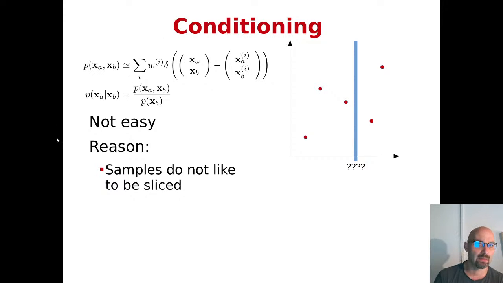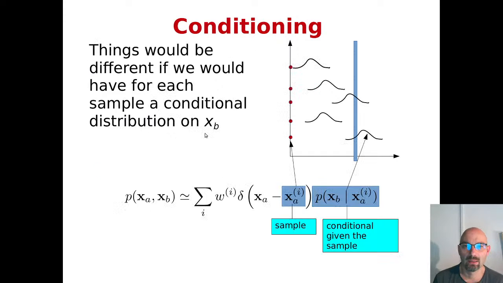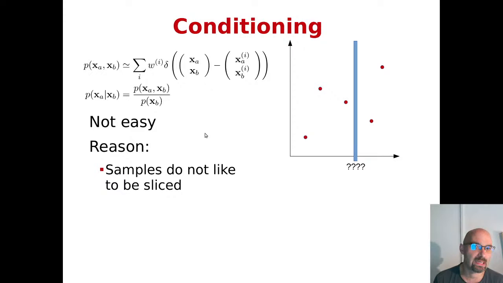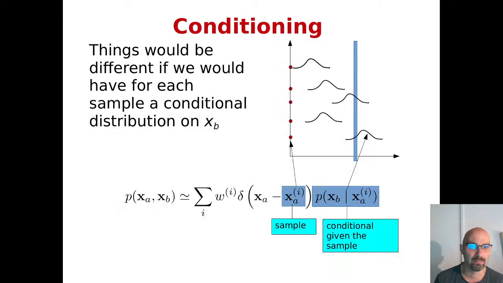So forget about doing conditioning if you have a distribution represented in an easy way, as a set of samples. But we need conditioning for implementing our filter. So, as good old engineers do, we relax the problem.